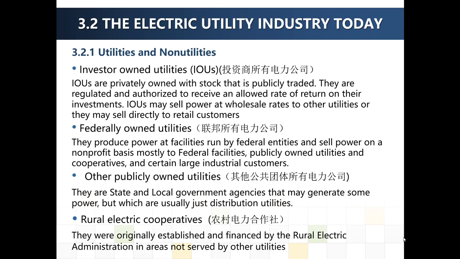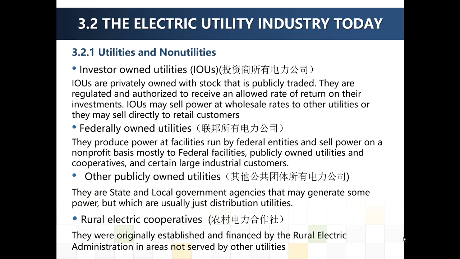Investor-owned utilities are privately owned, with stock that is publicly traded. They are regulated and authorized to receive an allowed rate of return on their investment. Investor-owned utilities may sell power at a wholesale rate to other utilities, or they may sell directly to retail customers.